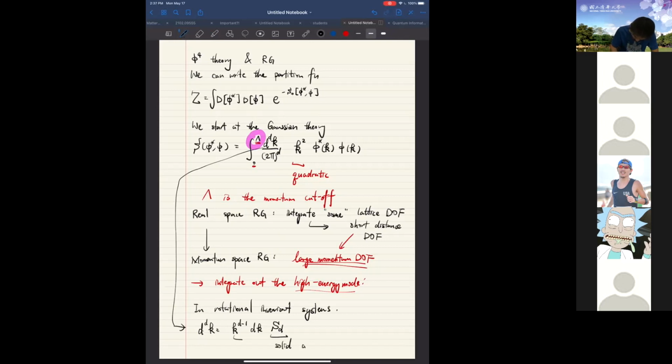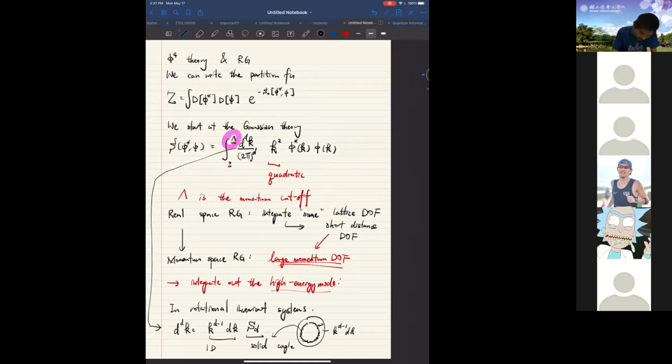So this is some kind of 1D integral, something like k to the d minus 1 dk, and this is the corresponding solid angle in d dimension. This is something I'm drawing pictorially.